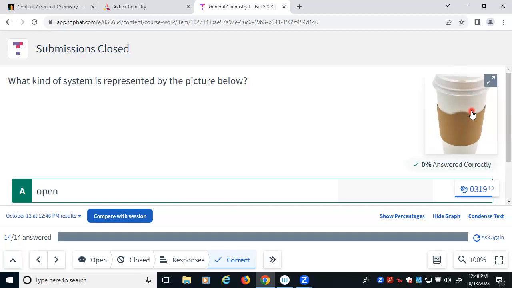If you view that hole in the top of the coffee cup lid as being a place where matter could be exchanged, as in I could drink out of it, I could put a stir stick in there, I could funnel cream or whatever into the coffee cup through that little hole, then yes, it meets the criteria of being open. Now, if you want to get into a debate over, well, is it really open if I put something over it, you could make those kinds of arguments. But as it's pictured right here, yeah, it's an open system.